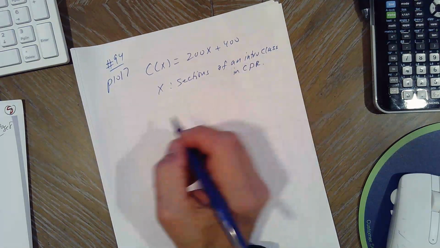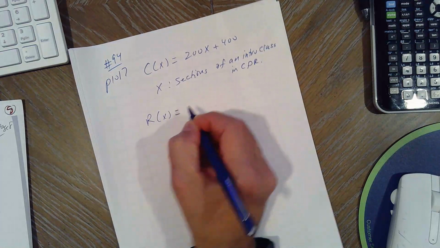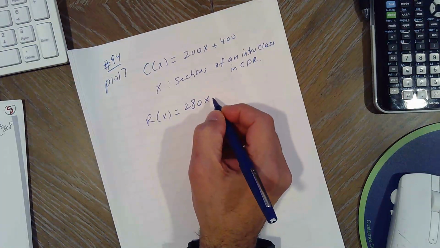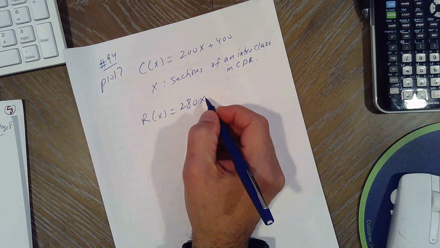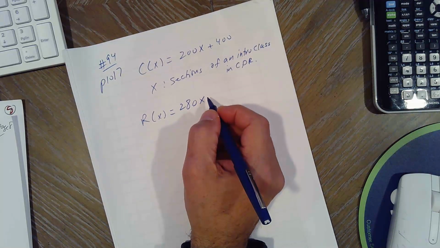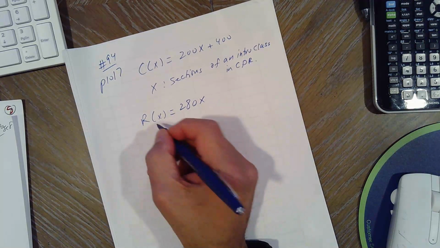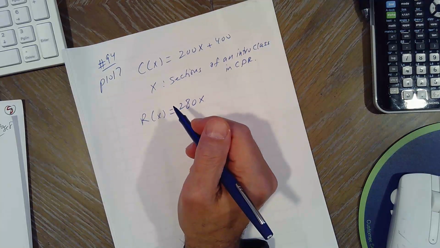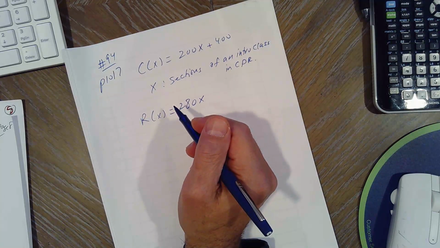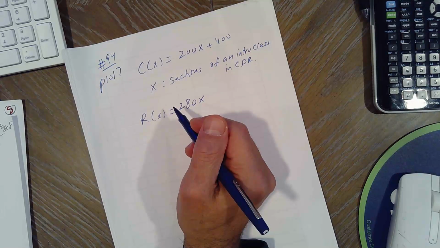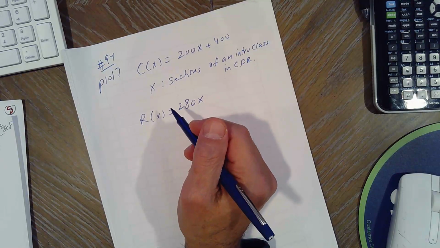The function R of x equals 280x gives the amount of revenue the college brings in when offering x sections. Okay, so revenue and cost. Find the break-even point where cost equals revenue by graphing each on the same coordinate system.